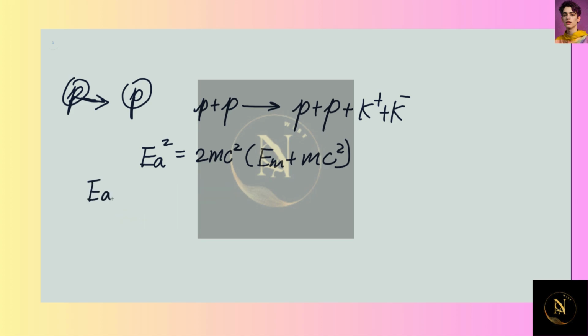Let's first find the available energy. The available energy must be at least the sum of the rest energies of these particles.